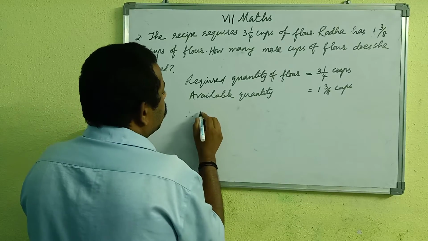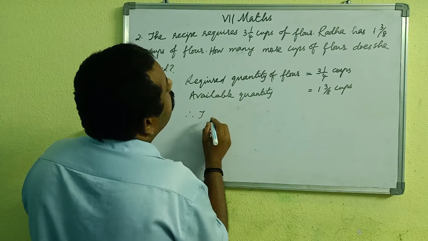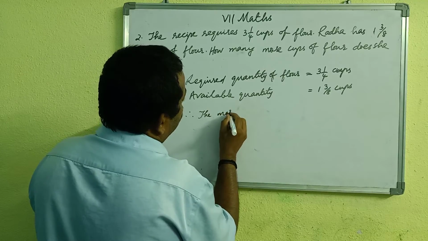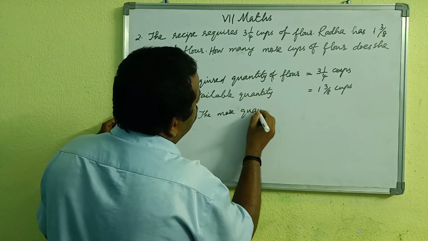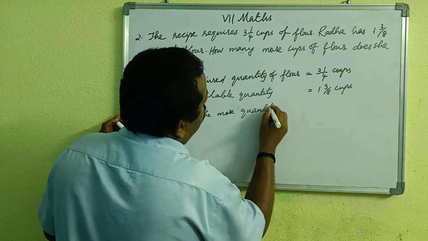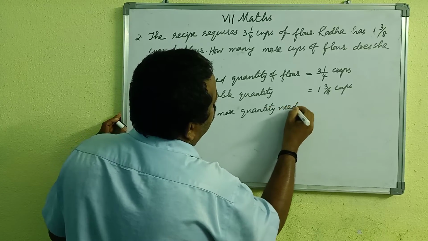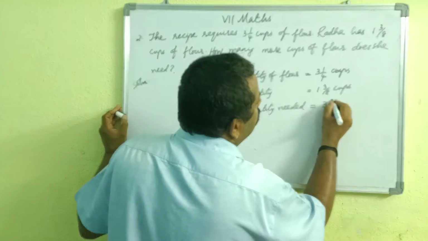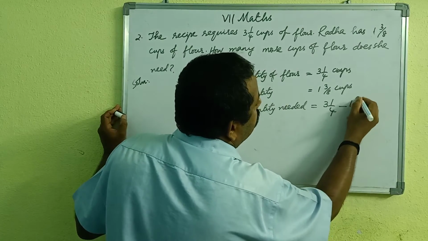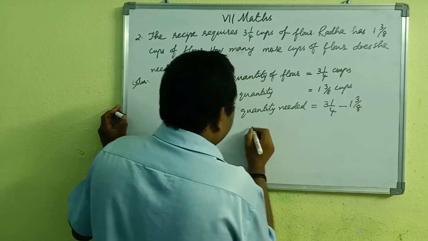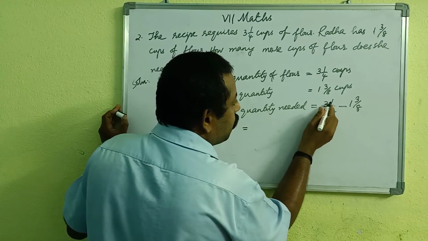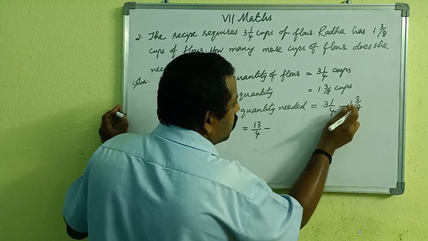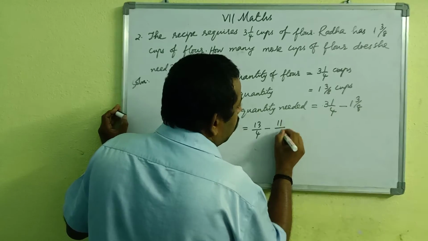Therefore, the more quantity needed is equal to total quantity minus available quantity. So we can write 4 3s are 12, 12 plus 1, 13/4, minus 8 1s are 8, 8 plus 3, 11/8.